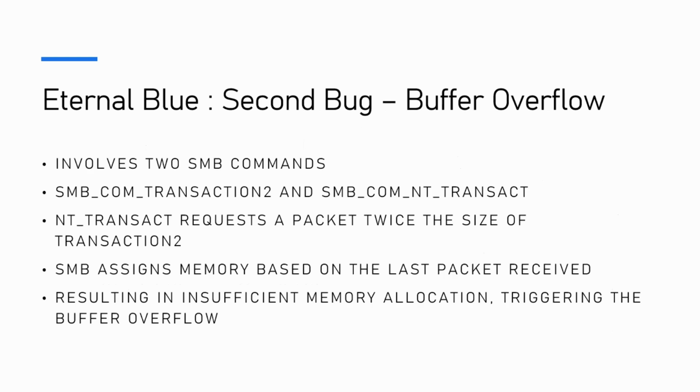So if you send the NT transact immediately before the transaction 2, this will cause SMB to allocate the size based on the smaller packet, and that will result in inefficient memory allocation, triggering the buffer overflow.